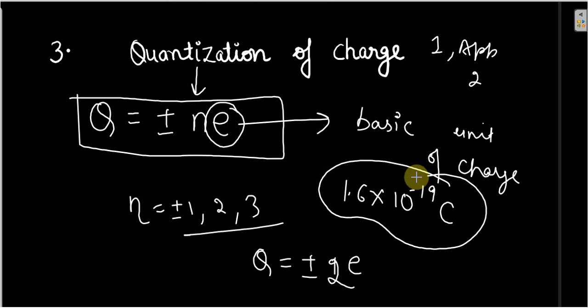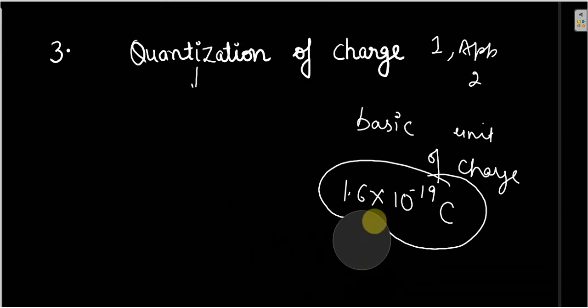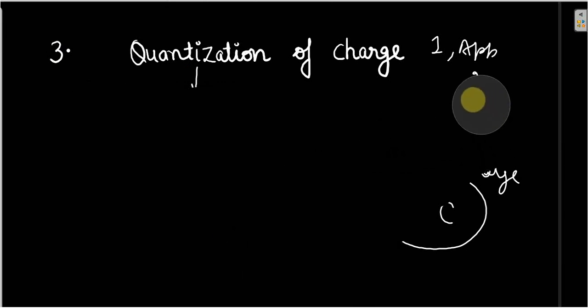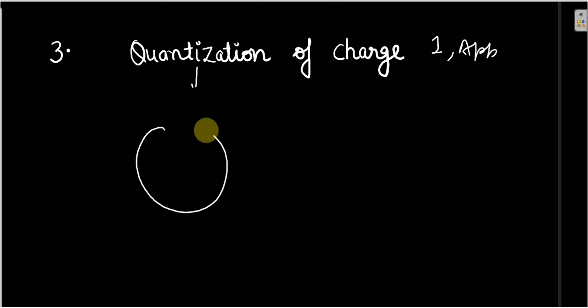Except the electron, there are so many elementary particles which exist inside the nucleus, but these particles do not exist independently, like your proton. The proton is a combination of smaller particles. There are particles much smaller than the proton, known as elementary particles.